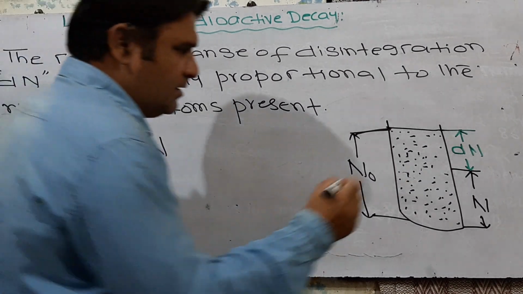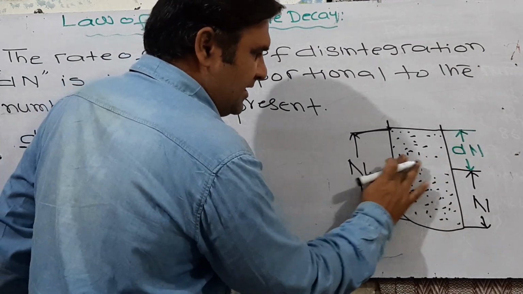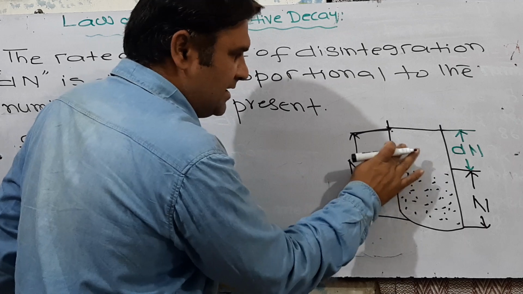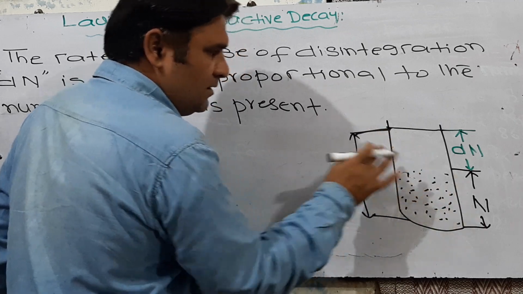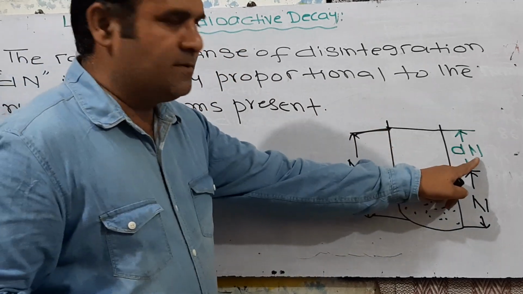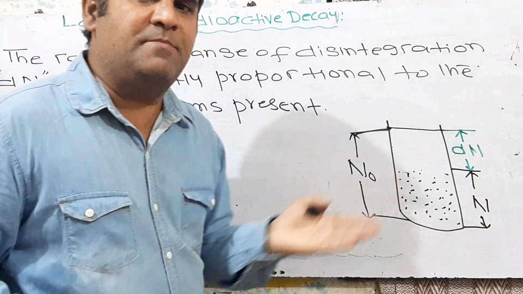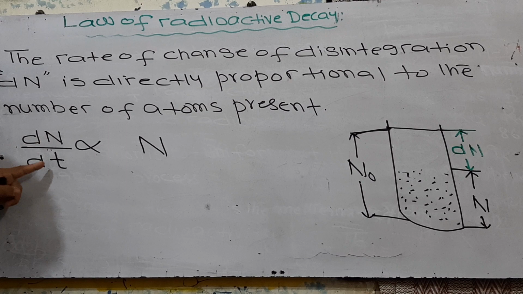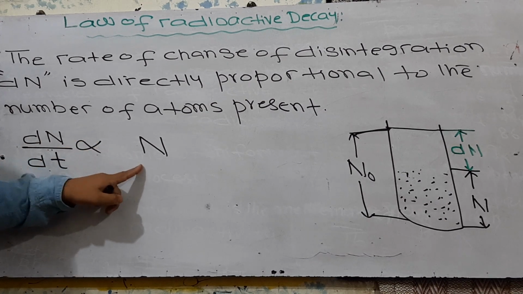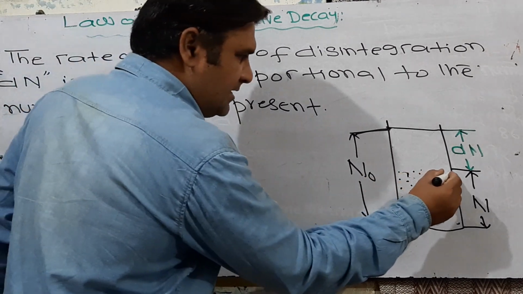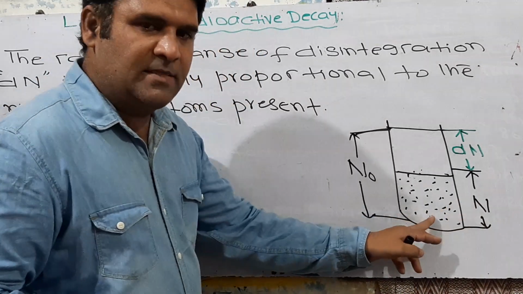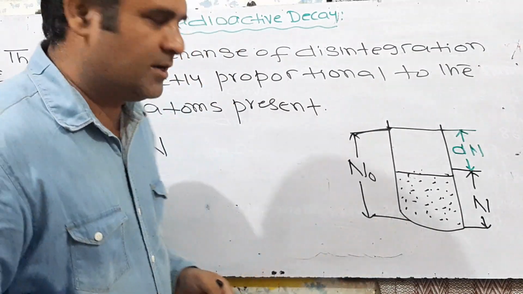These atoms are disintegrated from the nucleus, indicated by dN in time dt. So the rate of change dN over dt is directly proportional to N. Now N is the remaining number of atoms present in the nucleus after disintegration.